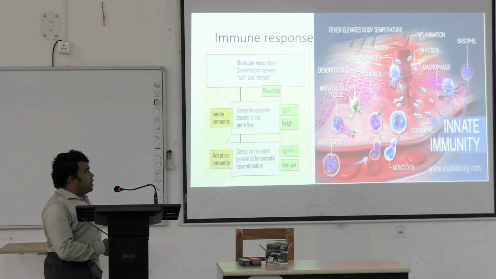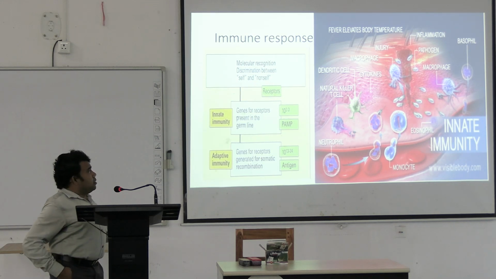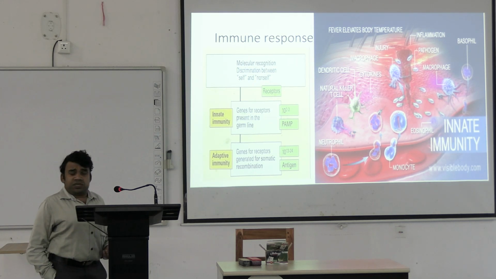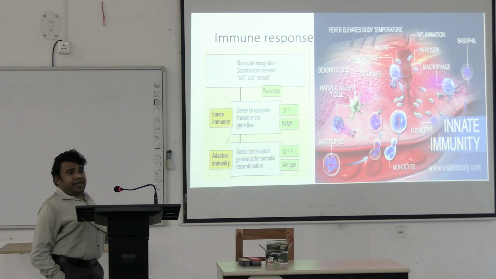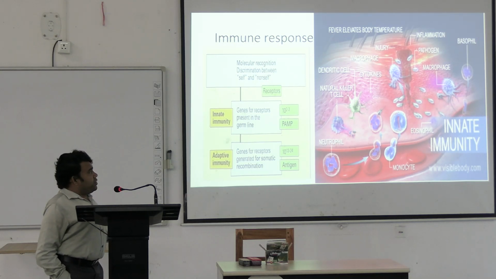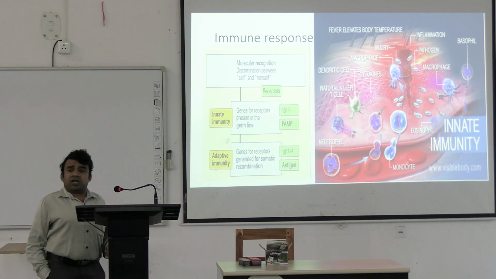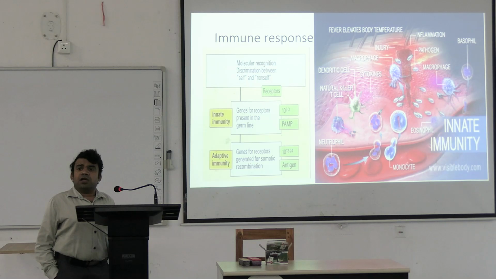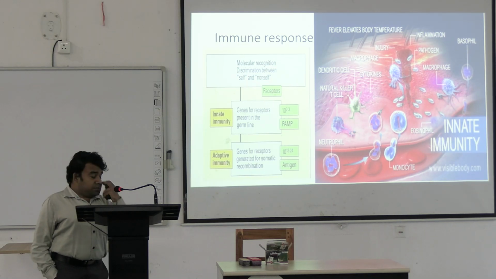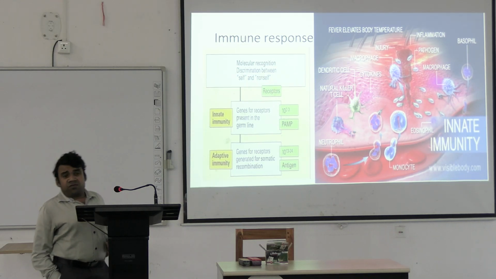So, over here you can see a brief description of the innate immune response. When the pathogen enters the body, the macrophages encounter the pathogen, and the process that develops is called phagocytosis, trying to get rid of the organism itself. Sometimes it may fail to get rid of the organism.